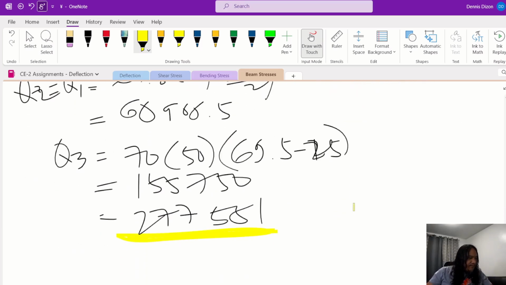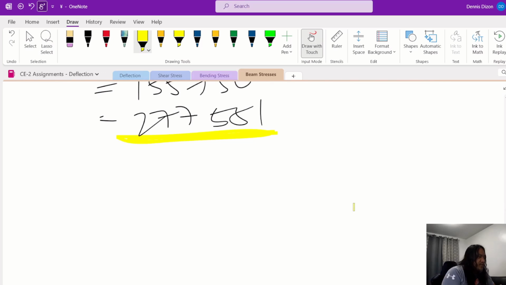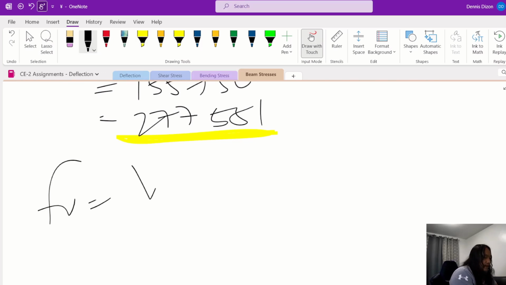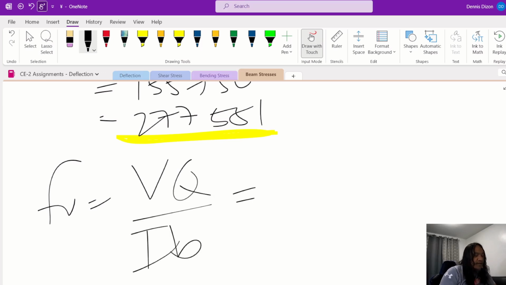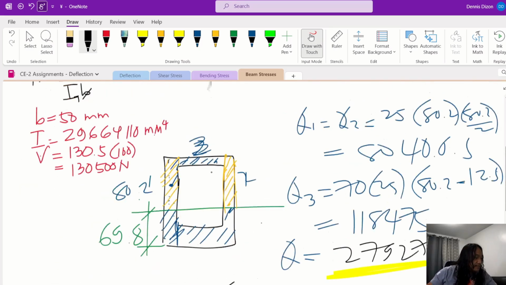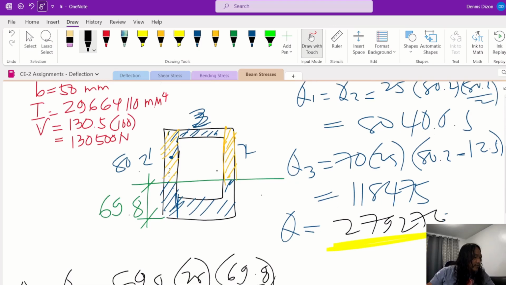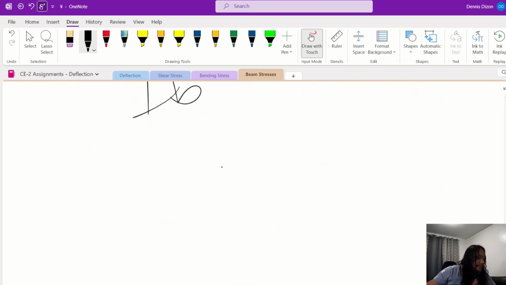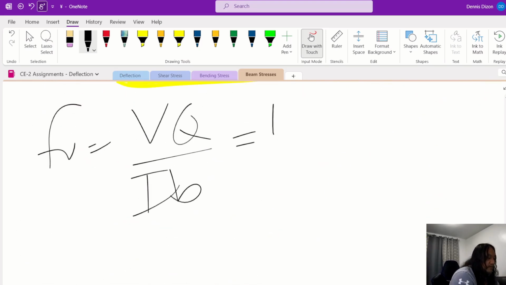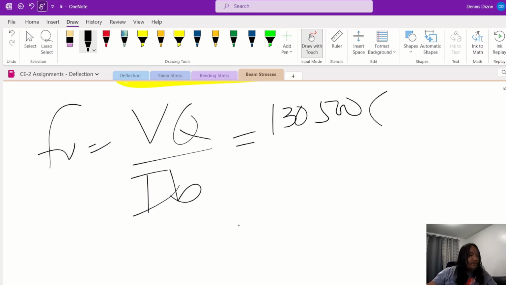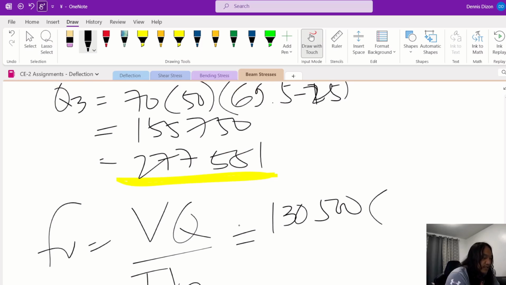So the final answer for the maximum shear is equal to VQ over IB. V is how much was that again? Our V is 130,500. This is 130,500 times Q is 277,551.